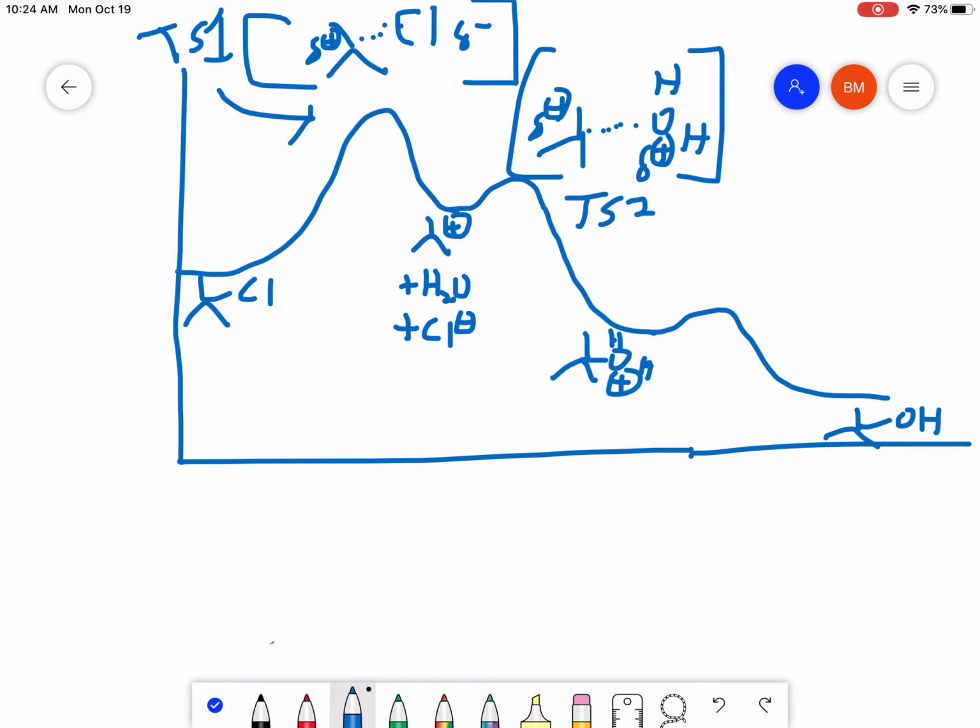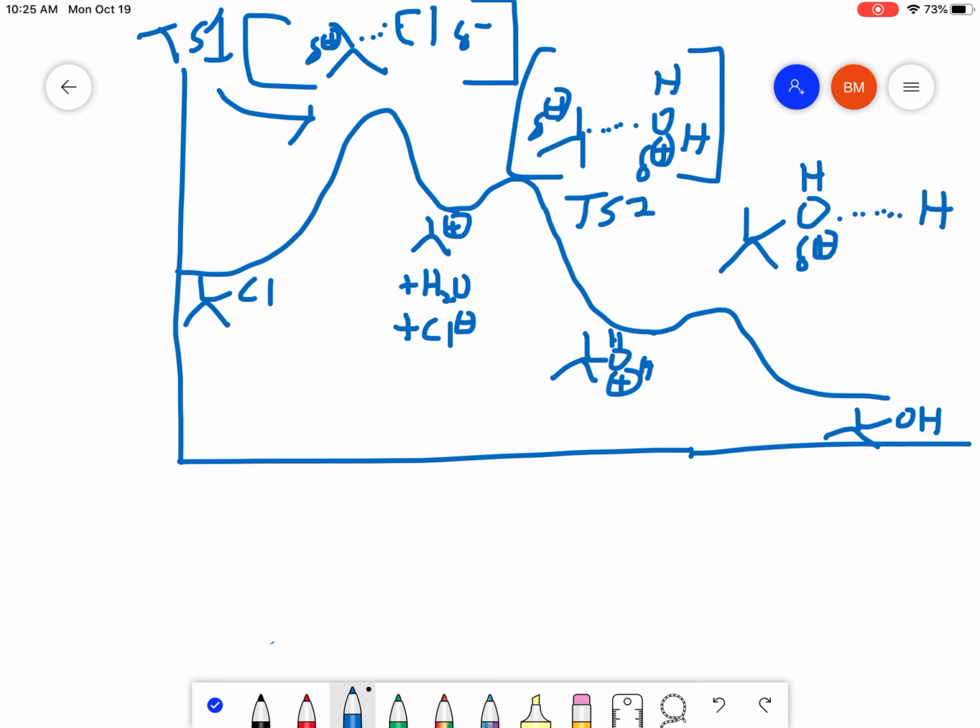All right, and in the last one we're just simply deprotonating, so we've got this oxygen, it's got 1 hydrogen attached to it, and we're also breaking the bond with the other hydrogen. Oxygen goes from positive to neutral, so partial positive.